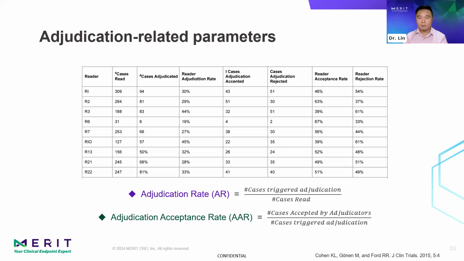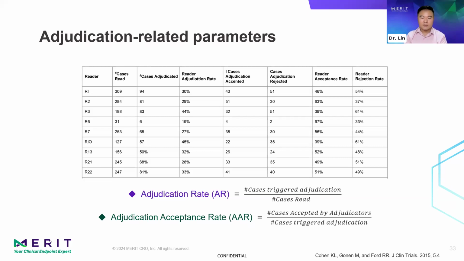And of course, I'm not making excuses. In the independent central reading section, factors like chart design, reader training, and the capability of the medical monitoring system are also critical factors, the IRC vendors' medical resources, that will impact the adjudication rate.